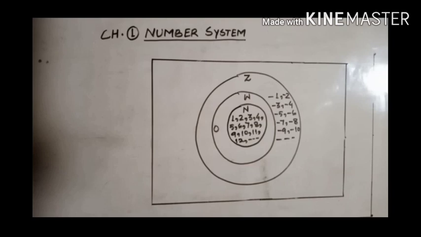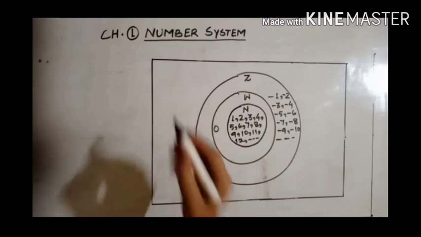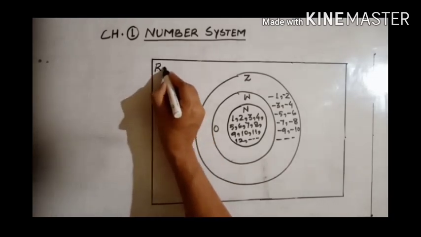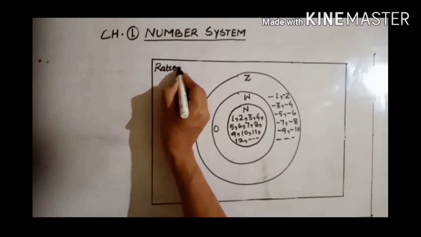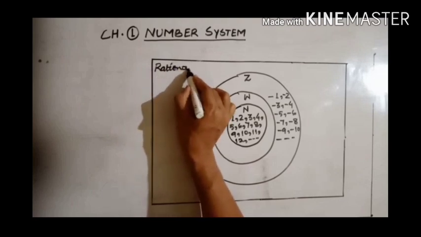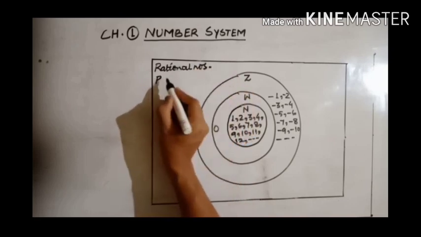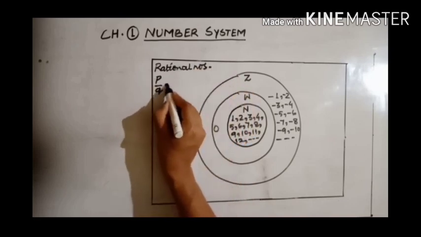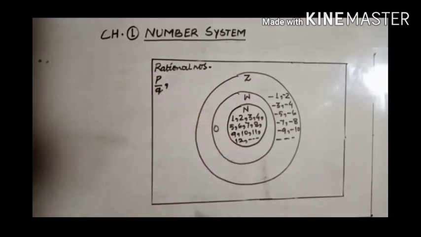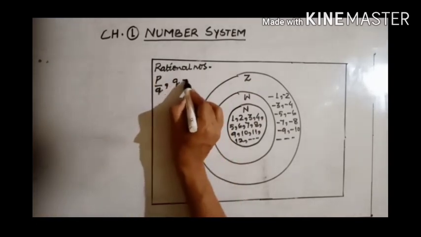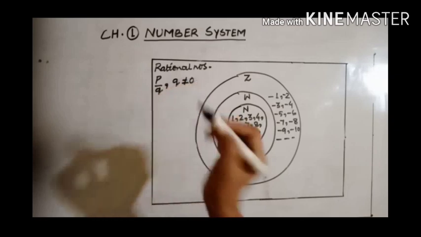After natural numbers, whole numbers, and integers, next we have to discuss rational numbers and irrational numbers mainly. So rational numbers are those numbers which can be expressed in the form of p upon q, where p and q both are integers, but q is non-zero.